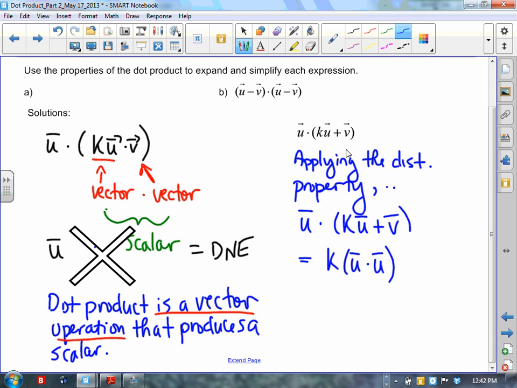Following that, we'll take hold of the addition sign, and we will then again distribute the u over the v. The reason we have the ability to do that is because of the operator that's there. It's not a multiplication, it's a new operation. It's the dot product. So we'll throw in the dot product symbol.